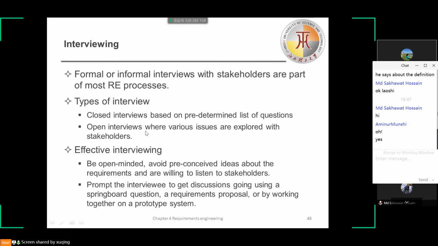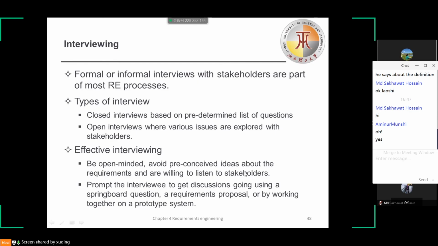Usually, effective interviews have several characteristics. Being effective interviewers, we should be open-minded. We should avoid preconceived ideas about the requirements, and we should be willing to listen to stakeholders.